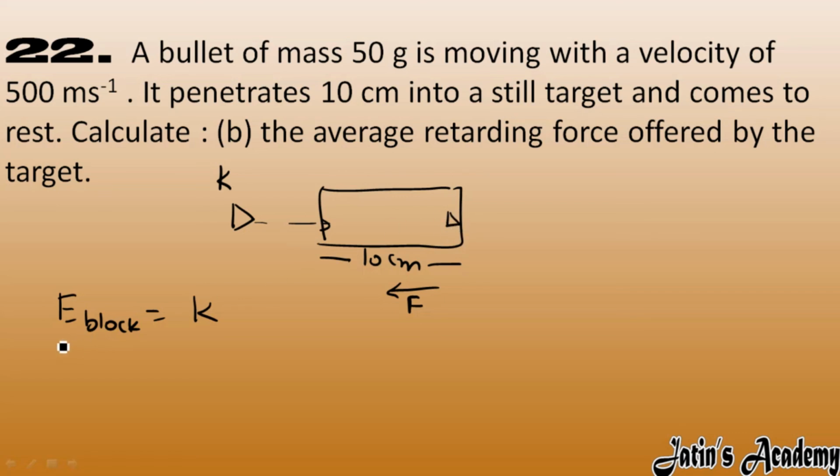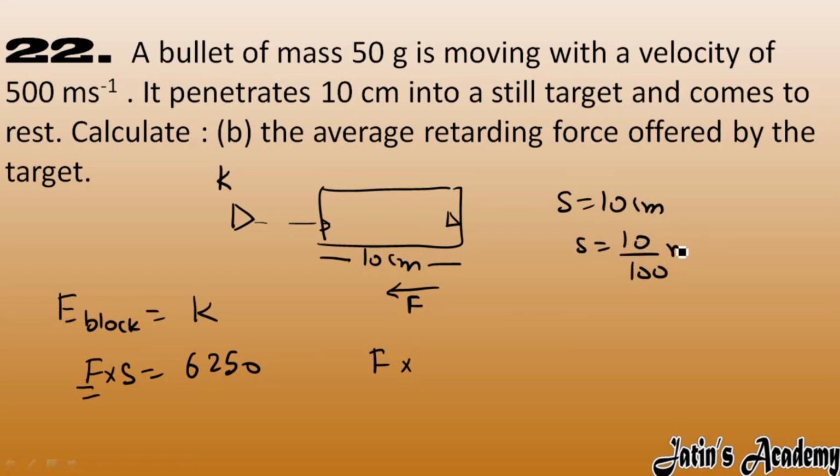So the energy of the block is force into displacement, and the kinetic energy we have calculated is 6250 joule. So we have to calculate the force. The displacement of the bullet is 10 centimeter, converted into meter by dividing by 100. So we get it as 1 by 10 meter.